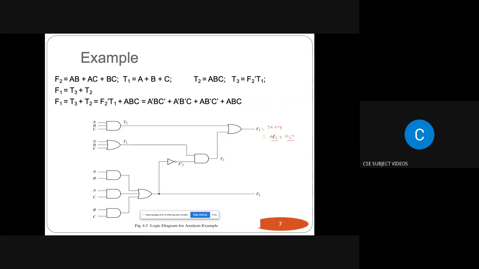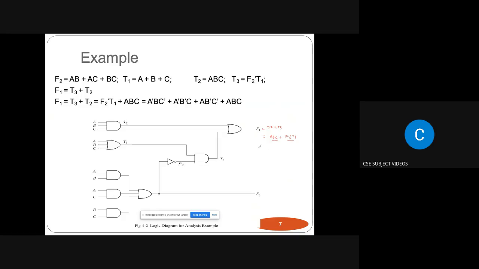ABC is truly a combination of the input variables, and the next term F2 dash T1 consists of some arbitrary symbols. So we have to convert these arbitrary symbols into the form of input variables. So we have to substitute the value of F2 and take the complement, so we get F2 dash, and we have to replace the values of T1.